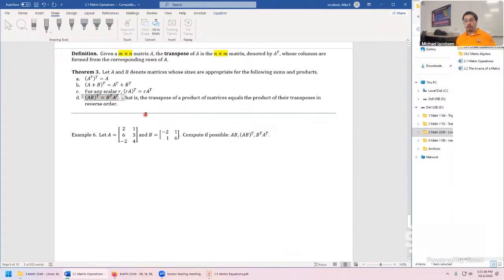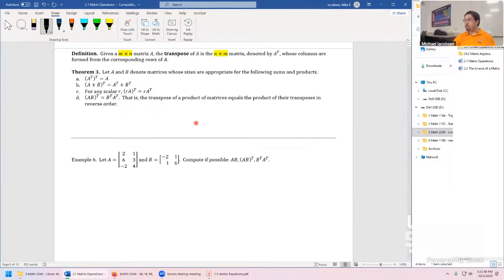And this one's a kind of a surprise. (A times B) transpose has to be B transpose times A transpose. And there's maybe a good way to think about why that property ought to be true.